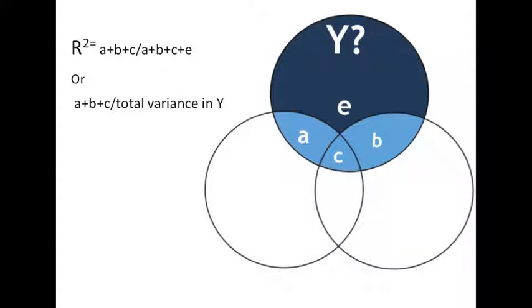It's the distance from our current y values to the fitted y values of the prediction plane. And the entire circle of y is our whole estimate of total variance. So we want to look at a plus b plus c over the whole circle of y, and that's our r squared. That's the amount of variance that's being explained by these two predictors.